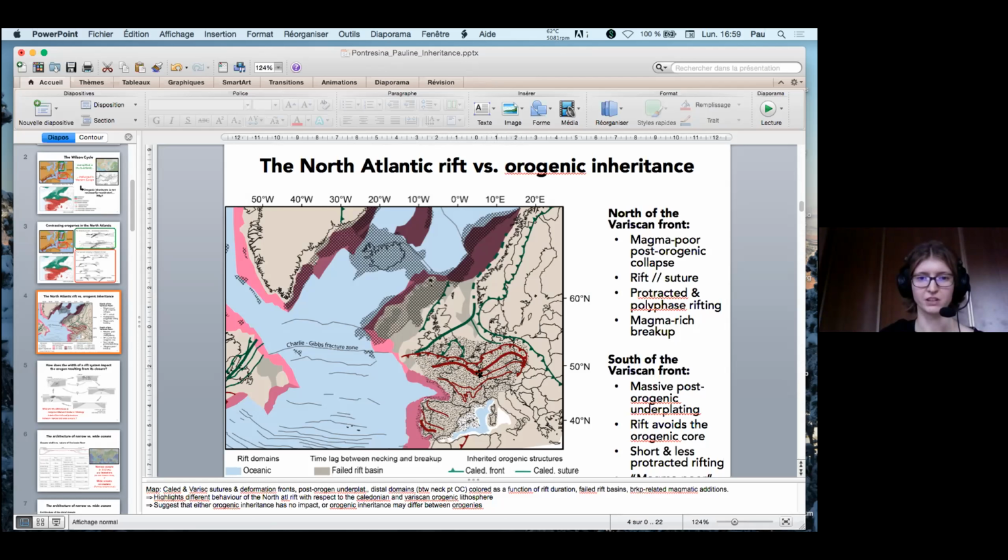Then there was the Saxo-Thuringian and I don't remember the name of the other, it just slipped my mind. But there was no arc in here.